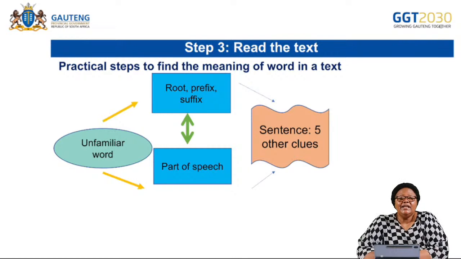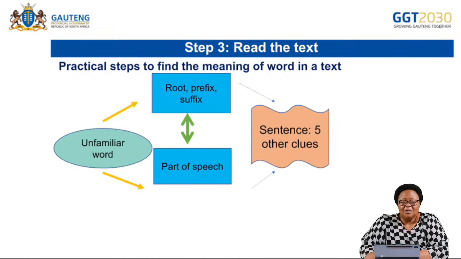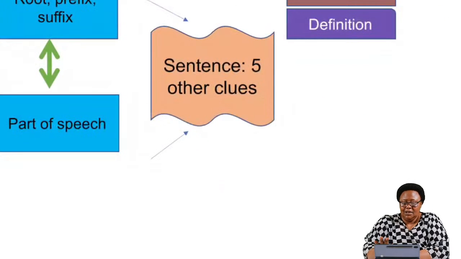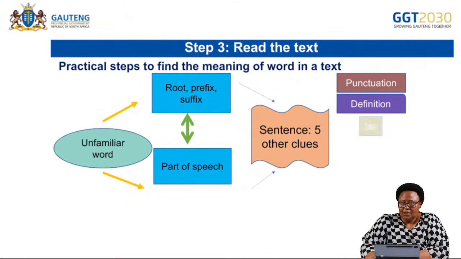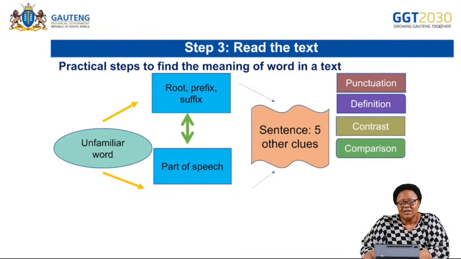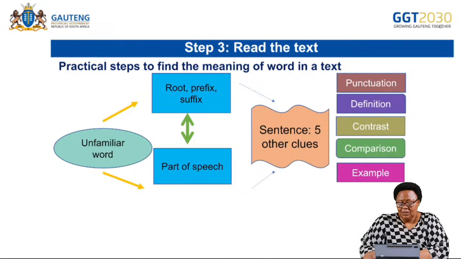And then you can get other clues from the sentence. Here are the clues. How is it punctuated? If there is punctuation, a definition. Is there any contrast of two words in order for you to understand what it could be? Comparison. Is there any comparison used in the sentence? Or is there an example?